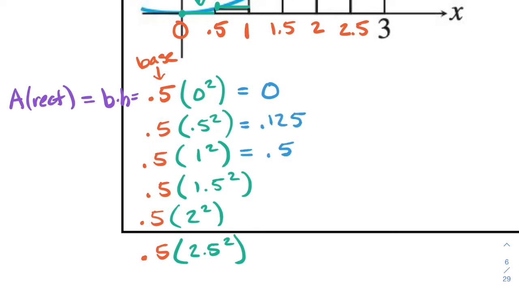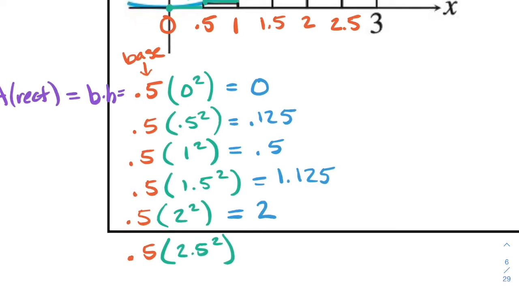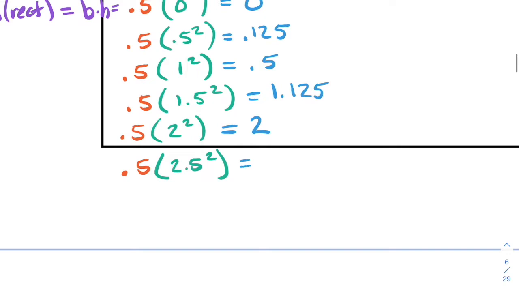This is going to be 0.5. This one, we have 1.5 times 1.5 times 0.5. This is 1.125. This is 2 times 2 is 4. Half of that is 2. And then 2.5 times 2.5 times 0.5 is 3.125.